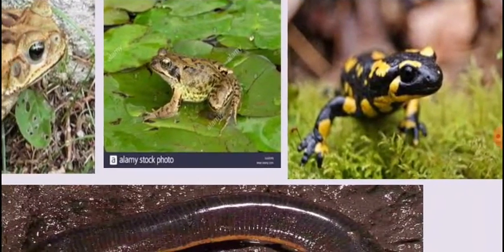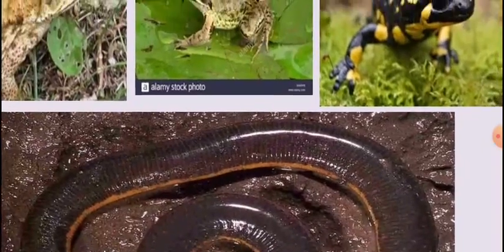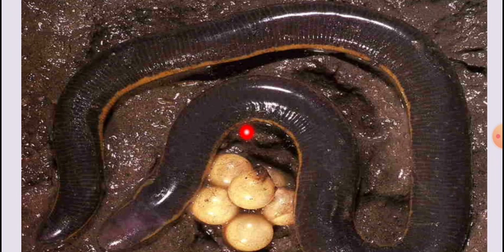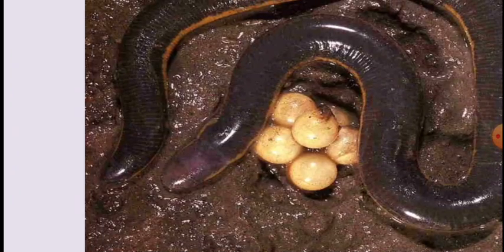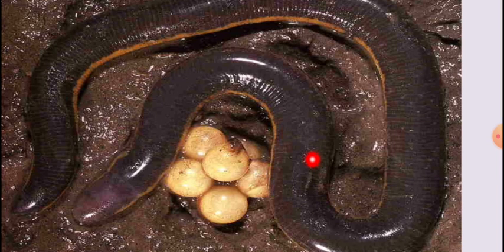This is Salamandra. Scientific name is Salamandra. And this, which looks like a fish, is Ichthyophis. It is a type of amphibian which does not have legs. This is not a snake nor a fish. It is an amphibian which lives both on land and in water but does not have legs.